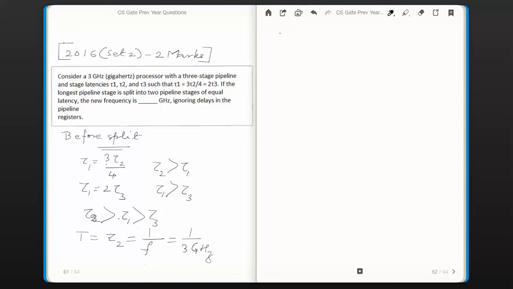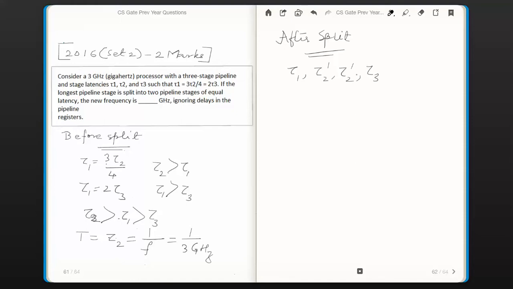So after split, the 4 stage latencies would be tau 1, tau 2 dash, tau 2 dash, and tau 3.